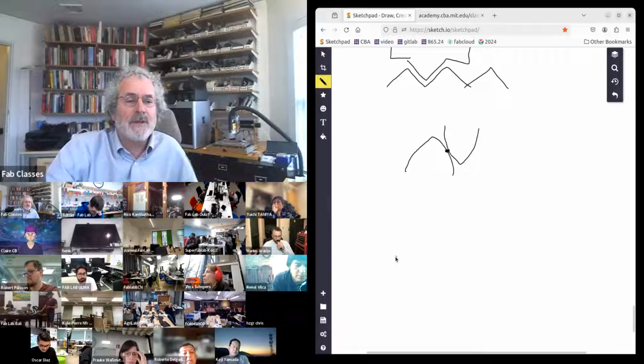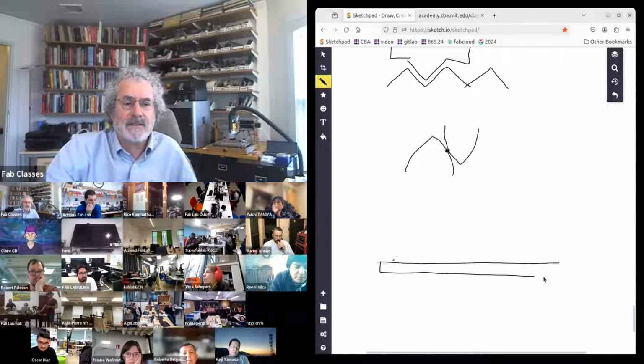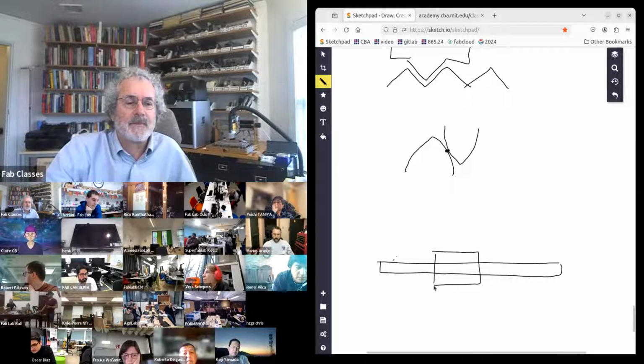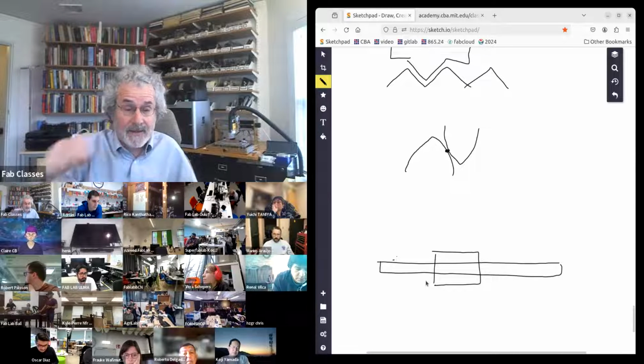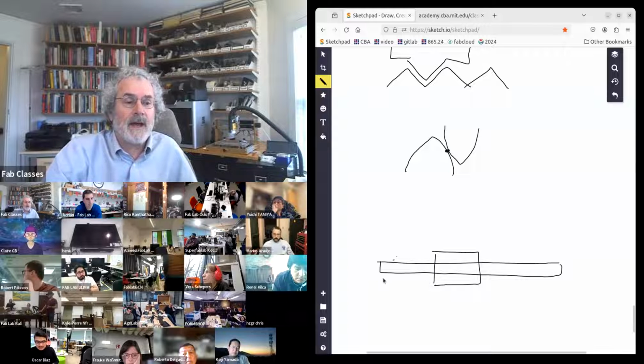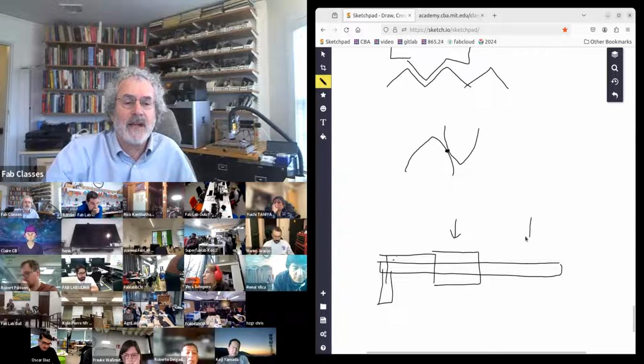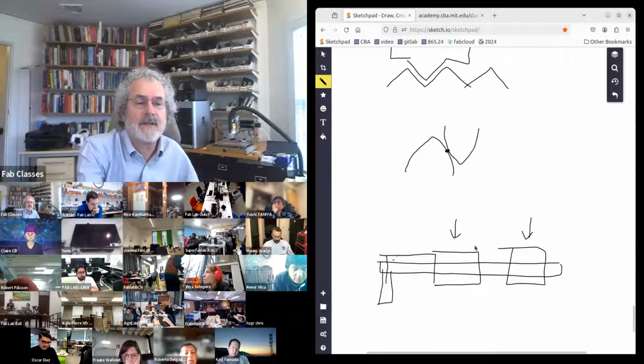Let's take just Adrian's machine. So there's an axis. We have the carriage, and then we have a motor here, and then the motor is driving the carriage. And so the carriage is here, and let's say we want the carriage to go over to there. So very basic task.